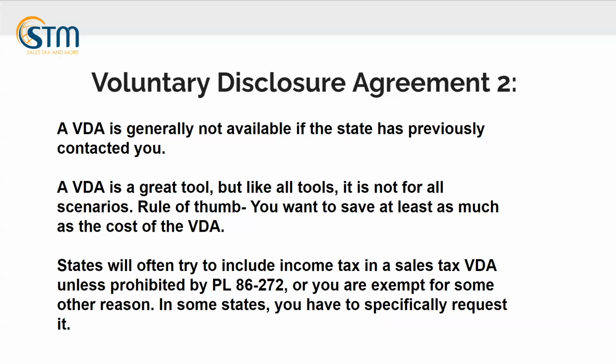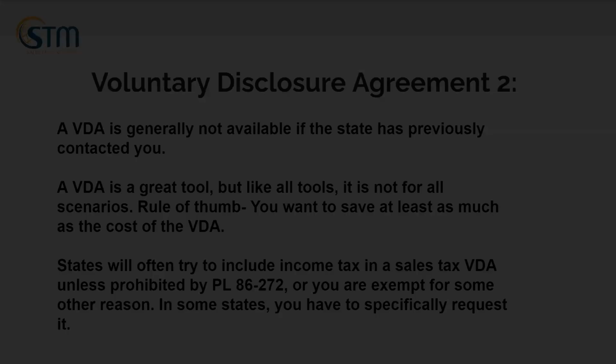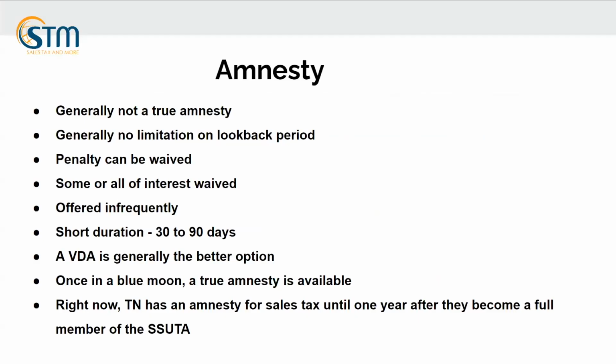All right, so an amnesty, they're generally not true amnesties. You still have to pay the back tax. People hear the word amnesty and they get all worked up and say, hey, we got to take advantage of this amnesty. Usually a VDA is better than the amnesty. And the reason being is there's no limitation on look back periods in general when it comes to an amnesty.